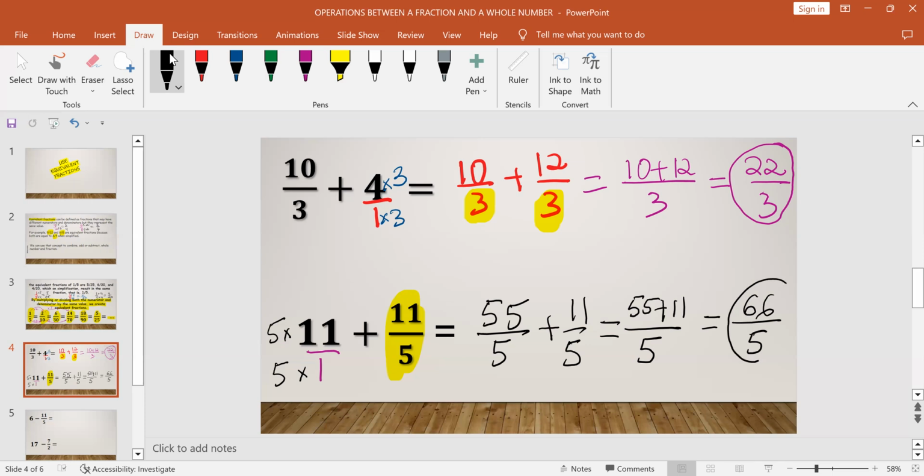Okay, so this fraction is in simplest form, so we cannot simplify it anymore. And yes, it is an improper fraction. Again, in another video, I will explain how you can change an improper fraction into a mixed fraction, a mixed number.